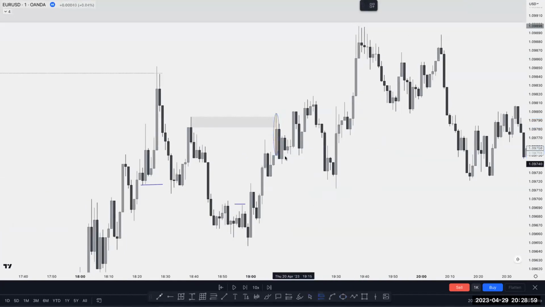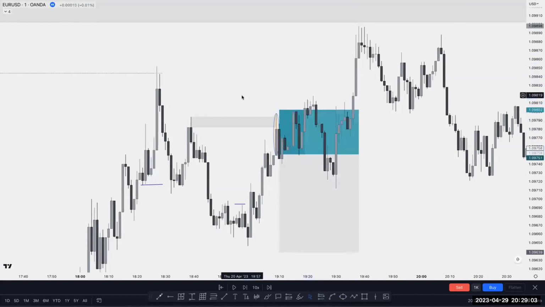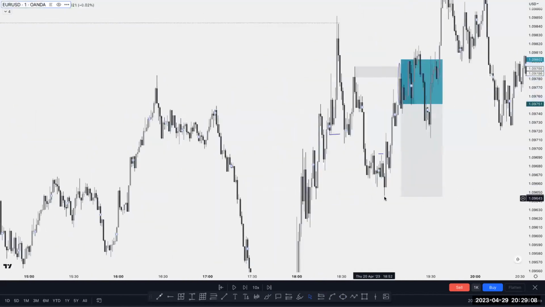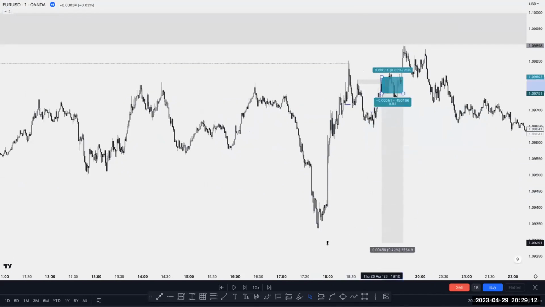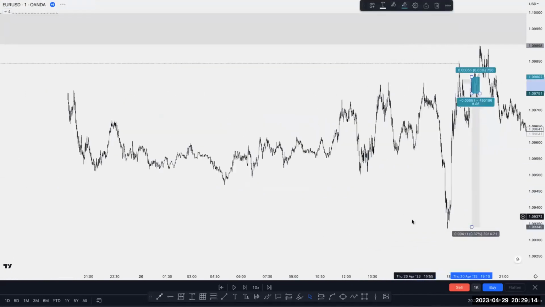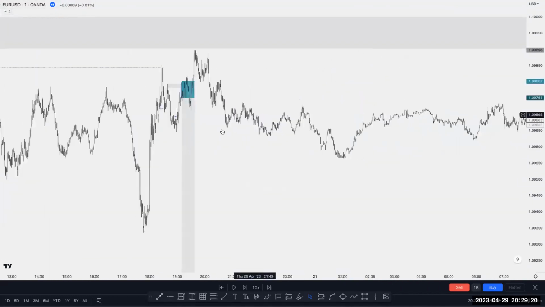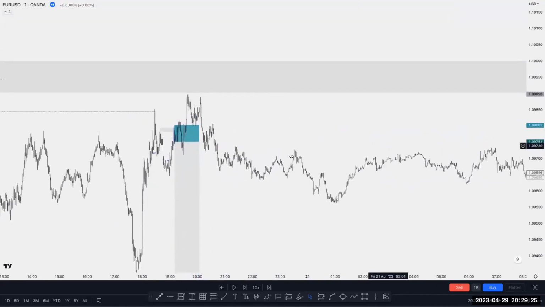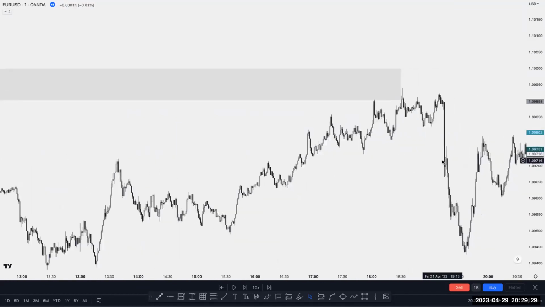This one is our entry here, and put the stop loss just above it, and at least target the first low here, when you can move your stop loss to break even, and the next low here as a target, right? This is the lowest point here, right? So this is probably a valid stop loss, and the next PoI is here to mitigate this one. So what happened here? Look at this picture here very carefully.